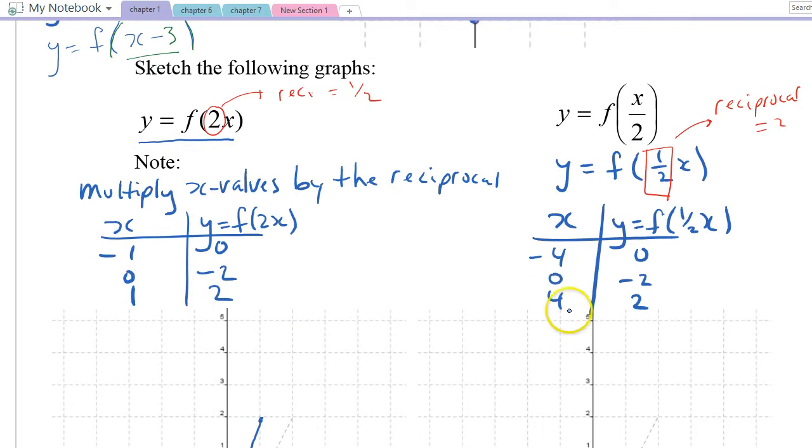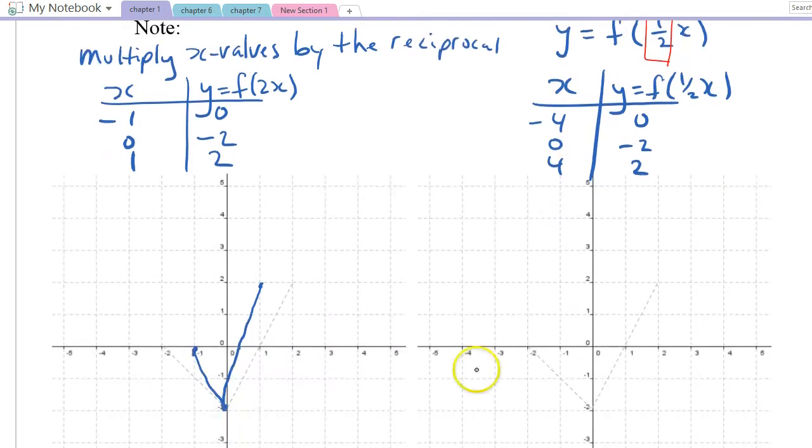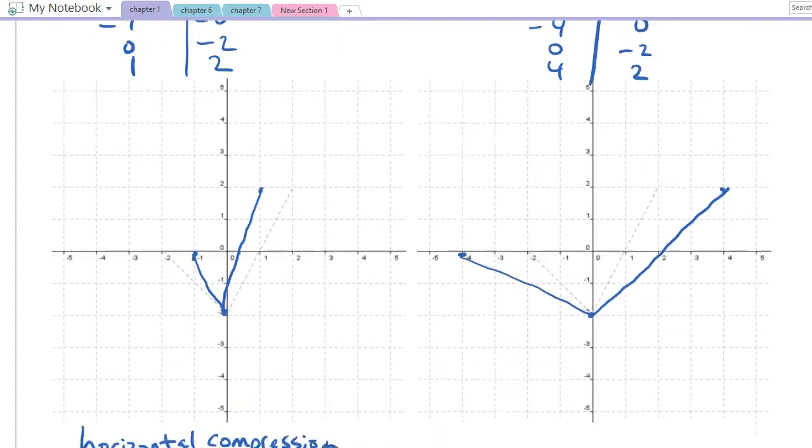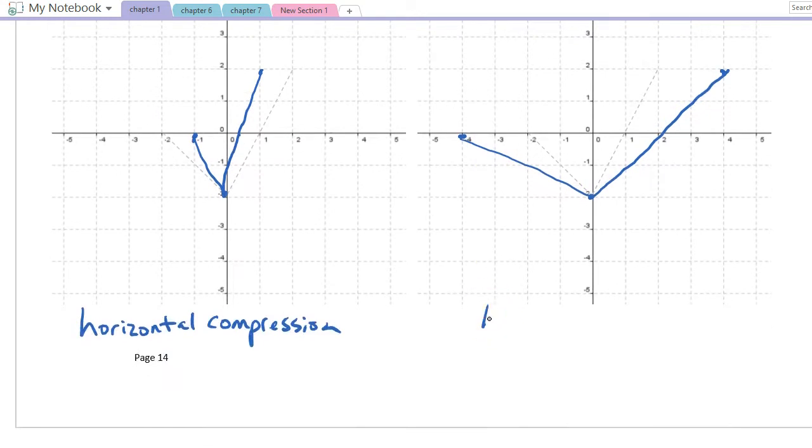Instead of negative 2, we get a negative 4. This point stays the same. Instead of 2 here, we get 4. So we get, see if I can make this line nice there, something like that. So this is a horizontal stretch.